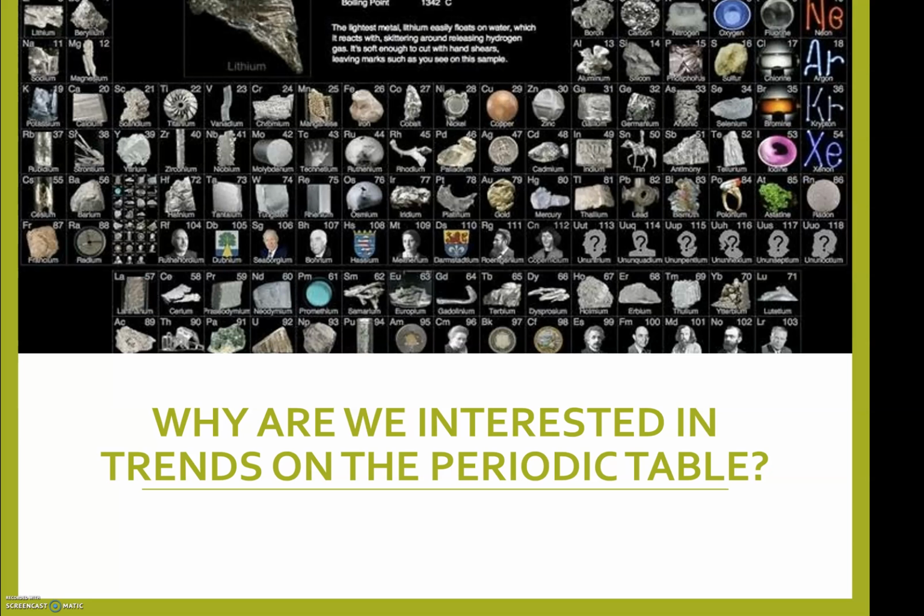Some are solid, some are liquid, some are gases. Some have more brilliant colors. Some appear more dull, some have luster, some can be flattened easily into sheets, some, on the other hand, may be more brittle. There are all of these unique properties of different elements on the periodic table.